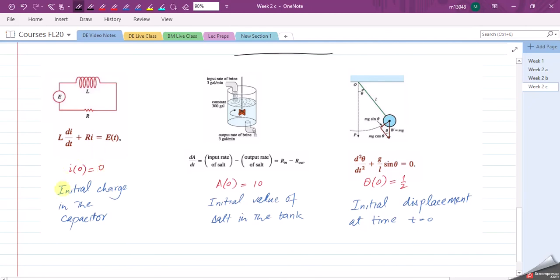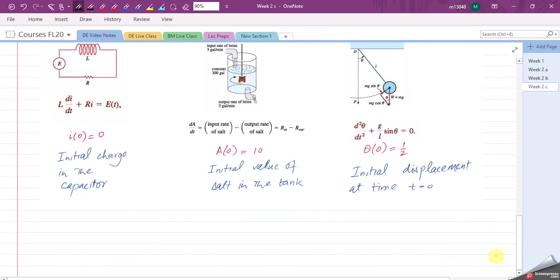This initial condition will tell us the value of that constant, and then we can answer any future questions. For example, at time t equals 10, let's say the one we did in the previous question, what is the current at time t equals 10 minutes or seconds? So first we need to find the constant, which we will get from the solution of the differential equation.